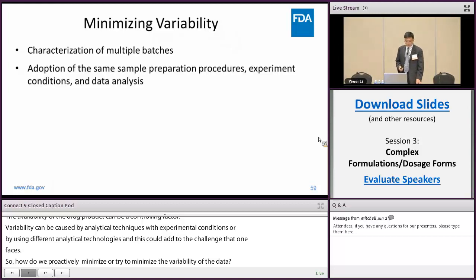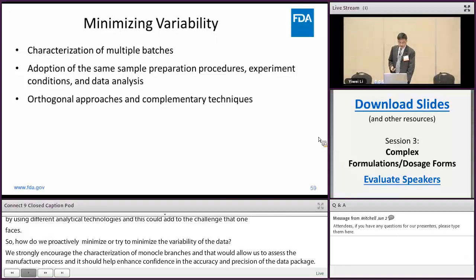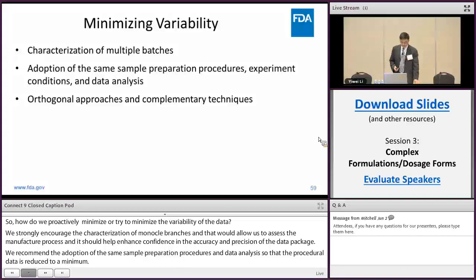We recommend the adoption of the same sample preparation procedures, conditions, and data analysis so that the inter-procedural variabilities are reduced to a minimum. As you will see in the case studies, if the data obtained are variable, an effective strategy to mitigate the risk is to use orthogonal or complementary techniques.